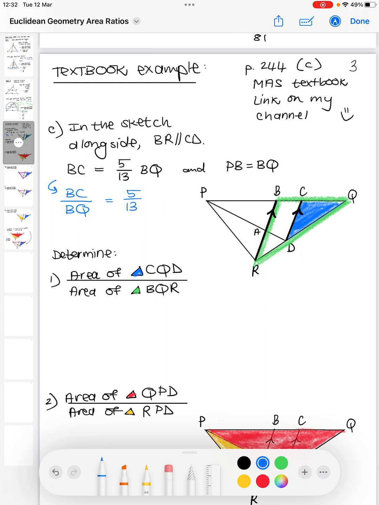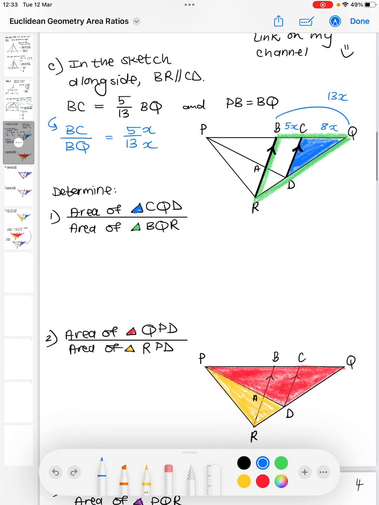Normally when I take out my blue pen, it means I am adding a variable like x, and now I can fill that into my sketch. BC is 5x, BQ is 13x, but for that reason CQ is 8x, because 5 plus 8 gives you 13. I'm going to use this piece of information in my last question, or my fourth question, I think.